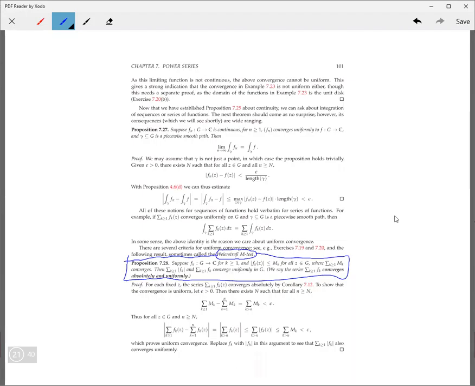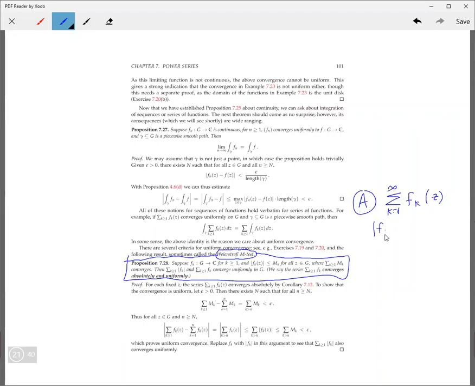You have a series, basically this series right here, the sum of f_k(z), and you're looking at that series, and you want to know where that converges. So the Weierstrass M-test is a condition for when it converges uniformly and absolutely.